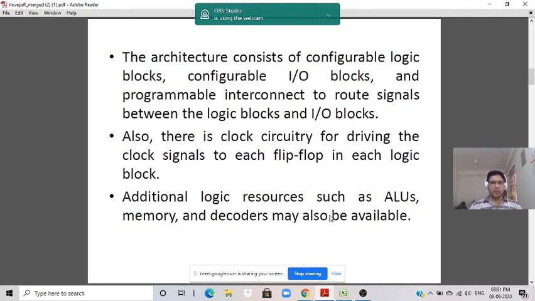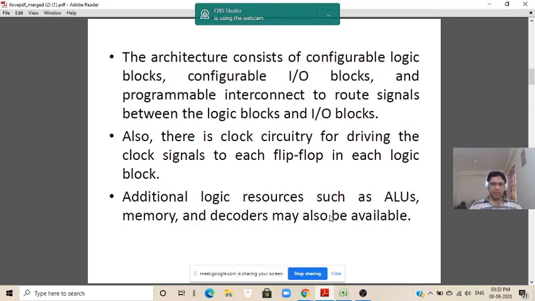Also there is clock circuitry for driving the clock signals to each flip-flop in each logic block. In digital circuits clock is required for synchronization purposes, so in the case of FPGA as well, we have the clock circuitry, which is used to give the signal to every flip-flop present in different logic blocks. In the case of CPLD, we have clock drivers which are present in the input-output blocks.